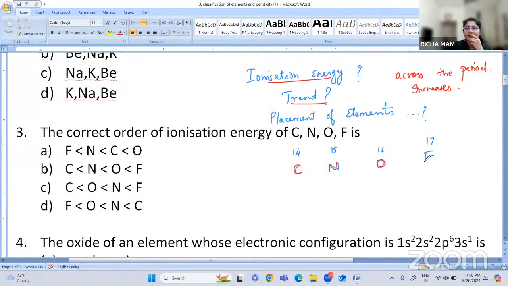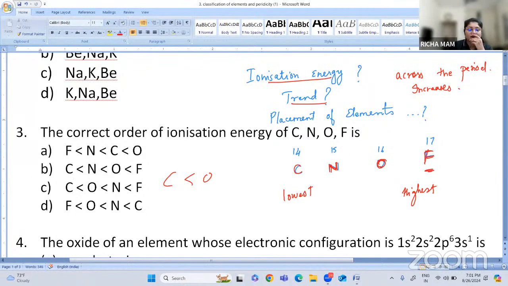Across the period, it increases, so fluorine will be highest. Fluorine will have the highest ionization energy, and here it will be the lowest. So carbon is the lowest, then comes nitrogen, then oxygen, and then fluorine.